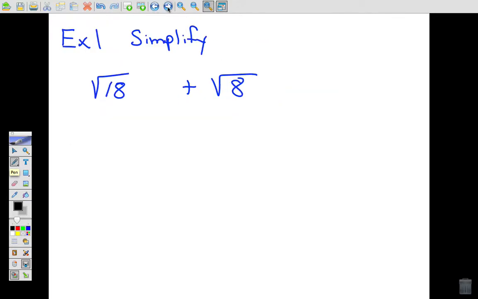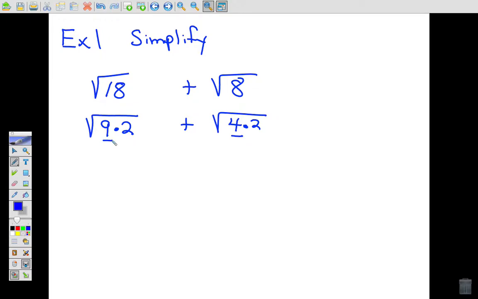So I'm going to take that radical 18 and simplify it. I'm going to think of 18 as 9 times 2. Again, give me 2 factors of 18 where one of them is a perfect square, and 9 is a perfect square. Now over here, I'm going to think of 8 as 4 times 2, with 4 being the perfect square.